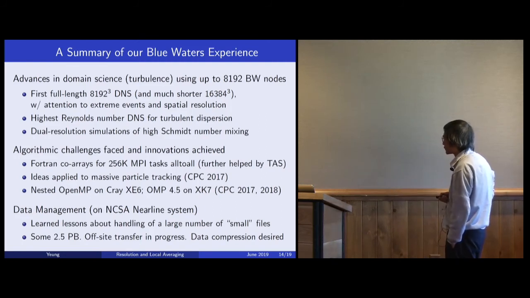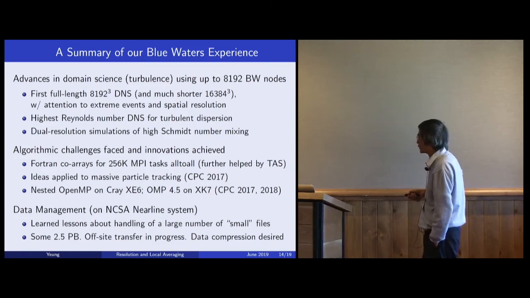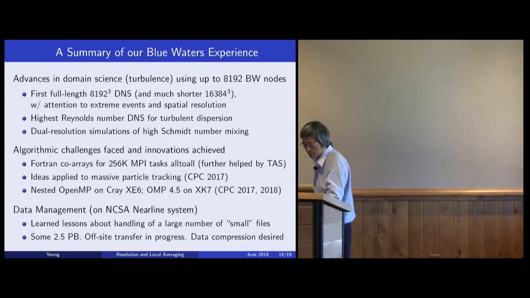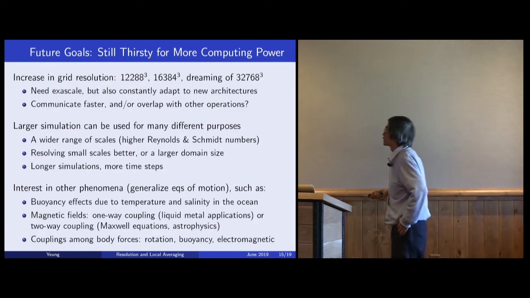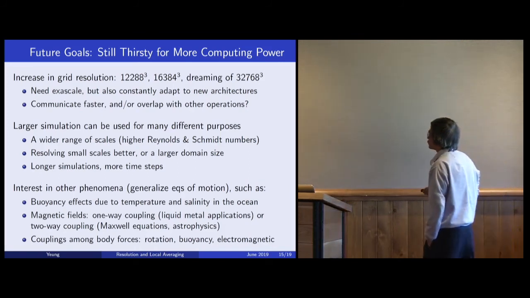Now, the data management is still remaining a challenge for us. We have 2.5 petabytes. We have on-site transfers in progress. So we'd like to be able to compress the data so that when we transfer the data to another system external to NCSA, then life will be easier for us on the other systems in the future as well.